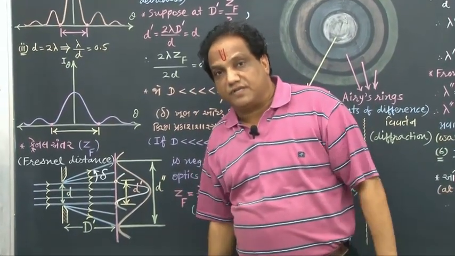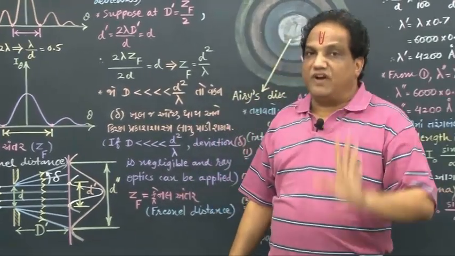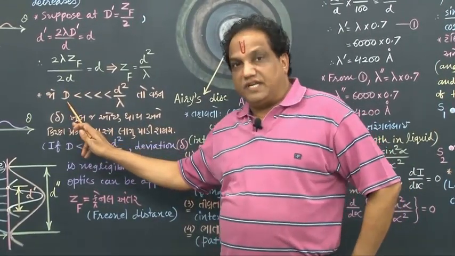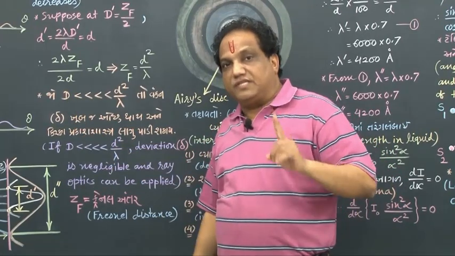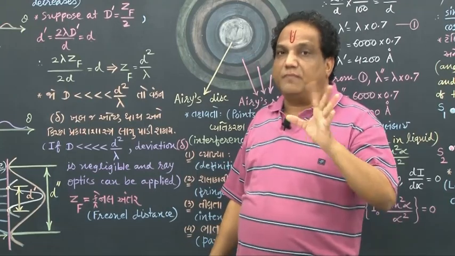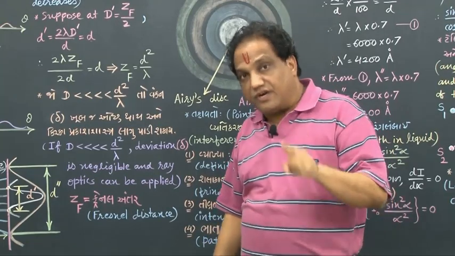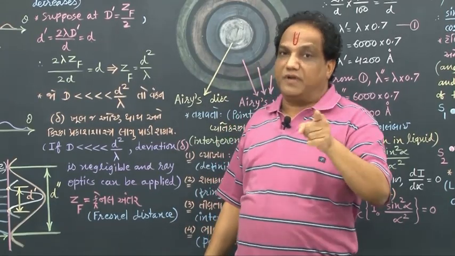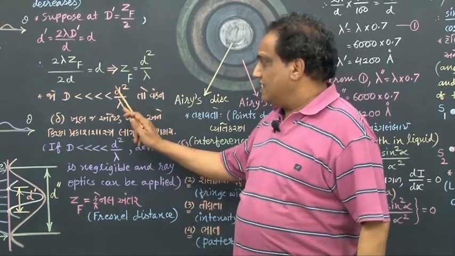Correct? So how would you define Fresnel distance? The distance between slit and screen which is negligible as compared to some typical distance for which ray optics can be applied, that typical distance is called Fresnel distance.